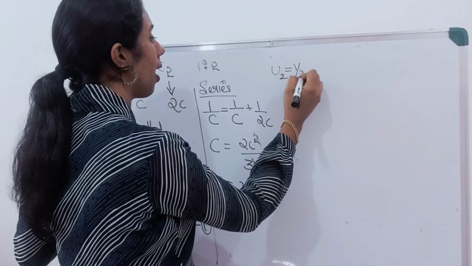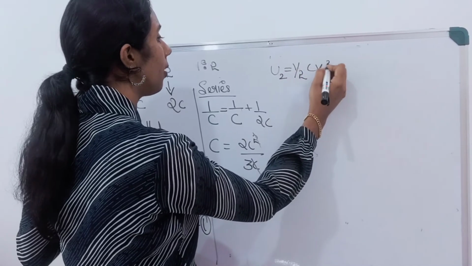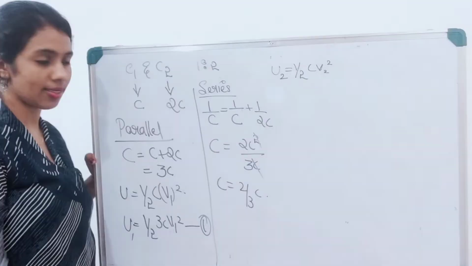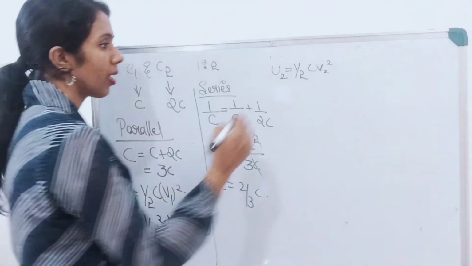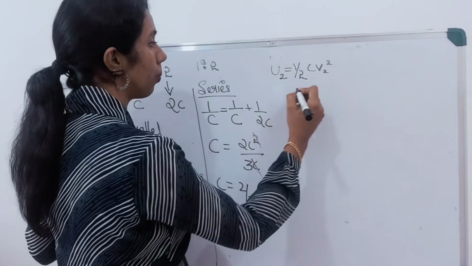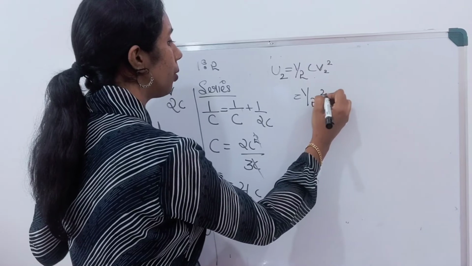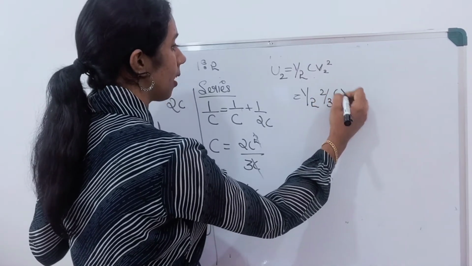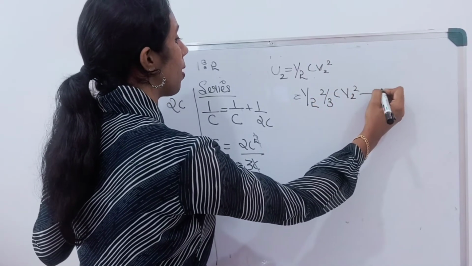U2 is equal to half C V2 square, where V2 is the potential difference in the case of series combination. Instead of C, we can substitute 2 by 3 C. So half 2 by 3 C V2 square. Let this equation be 2.